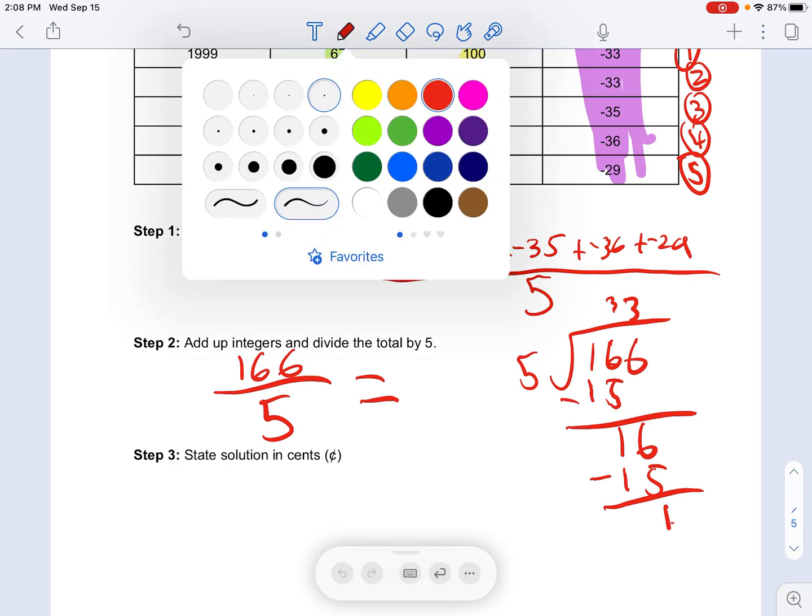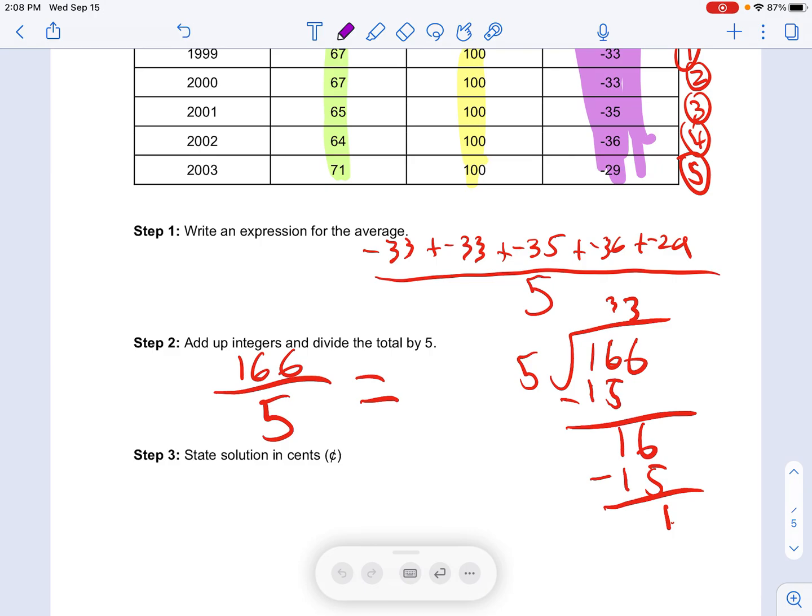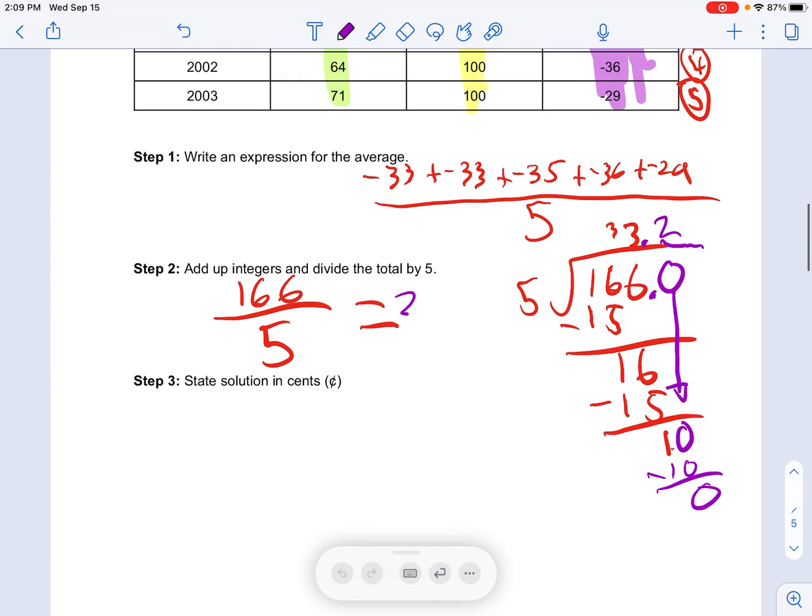Now this remainder, okay, I can try to make it into a decimal. So let's add our decimal point and bring another 0 in. And if I do that, how many times does 5 go into 10? Well, it's 2. So our answer is 33.2.